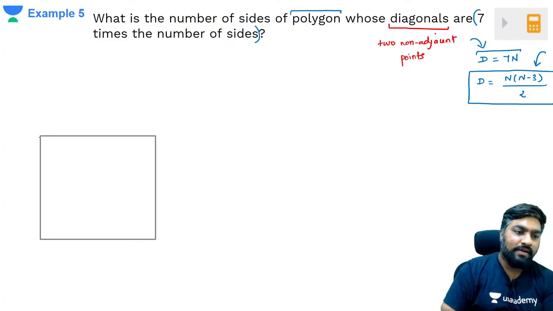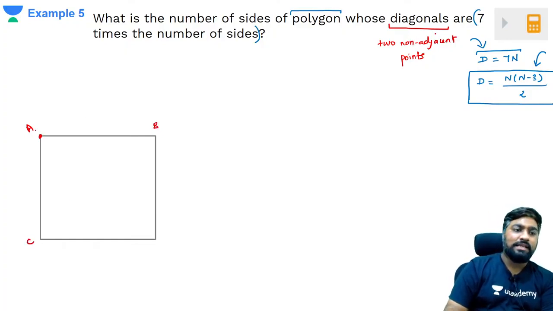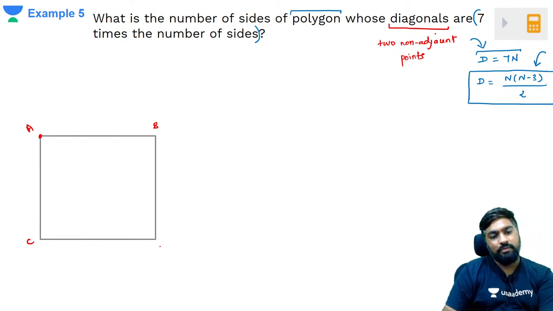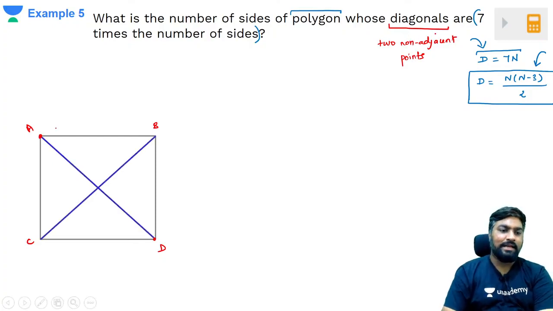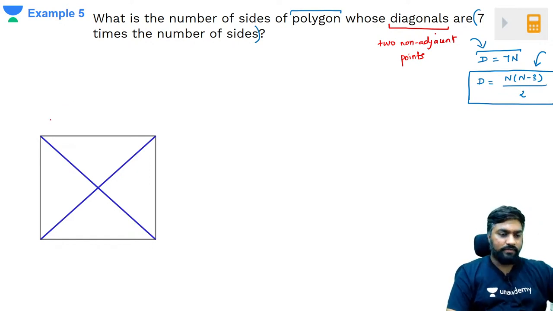For example, if I look at point A, then points B and C are adjacent to it. That means the only possible point through which a diagonal can be formed would be D. So A and D is a diagonal, B and C is a diagonal. Agreed? So for a 4-sided polygon, which we call a quadrilateral, there'll be 2 diagonals. Beautiful.